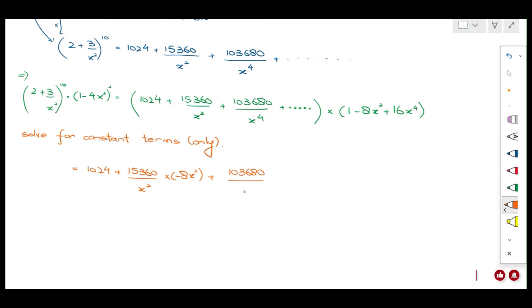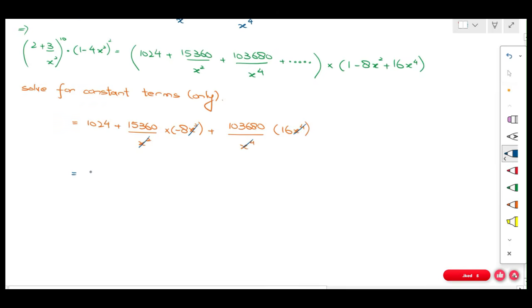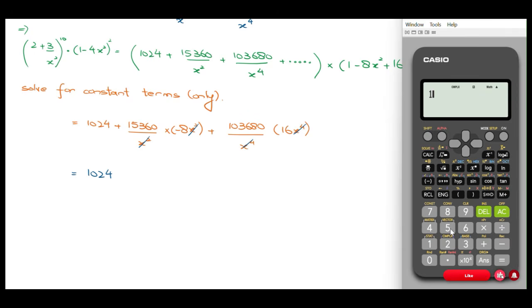103,680 over x^4, its product with 16x^4. Okay, now we can cancel x^4 with x^4, x squared with x squared. Simplify this further. So here we have 1024, this term multiplying with negative 8. 15,360 multiplied by negative 8 is minus 122,880.